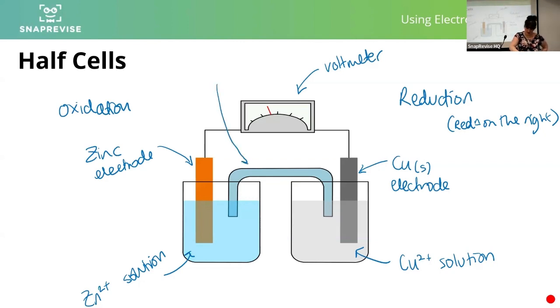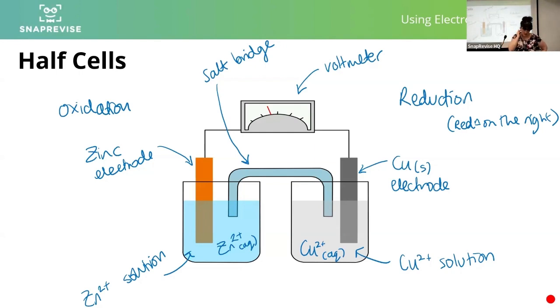And then this thing in the middle is our salt bridge. I'll just put Zn2+ aqueous there, just to make it absolutely clear. And copper 2+ aqueous. So that is a copper solution.